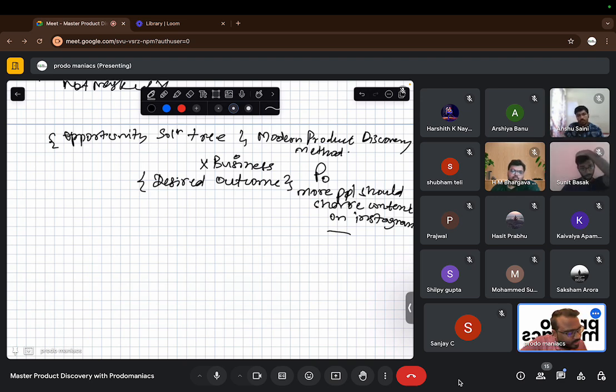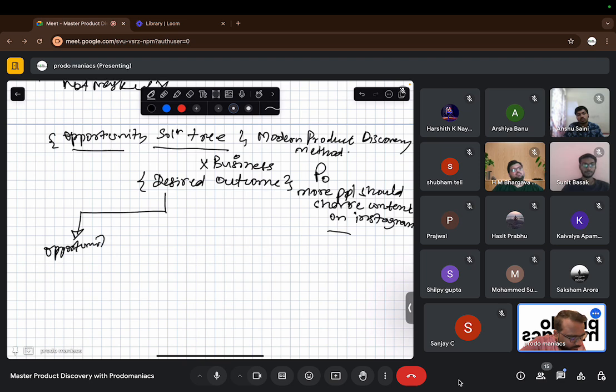Now the opportunity solution tree looks like this: whenever you say that I want to build this, a lot of opportunities will be created. Let's say for now you figured out there are three opportunities: opportunity one, two, three.